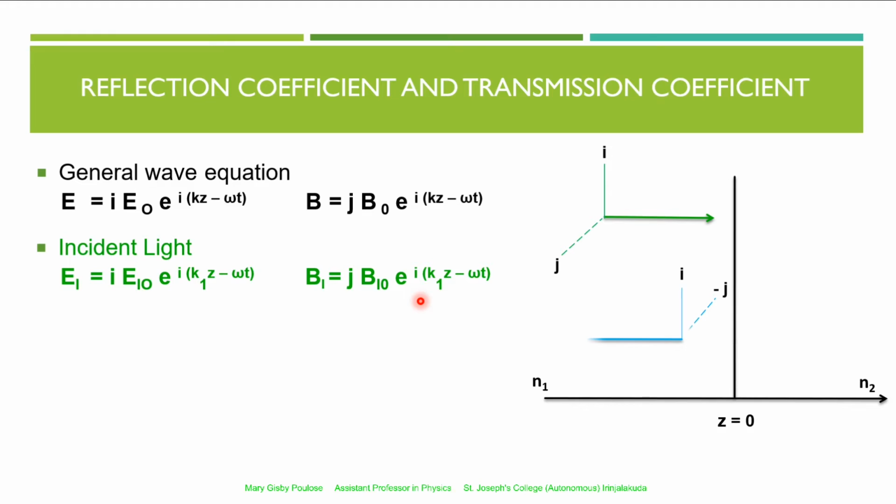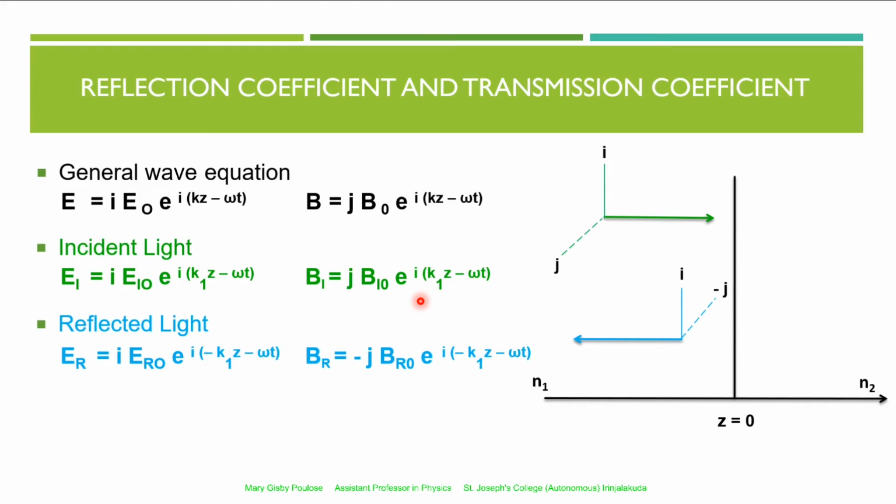The fraction of light reflected from the boundary is represented by this blue ray, and it can be mathematically written as reflected light, the electric vector ER is equal to the direction of electric vector has not changed, hence i into ER naught into e raised to i(minus k1z minus omega t). Here the negative term comes from minus z.